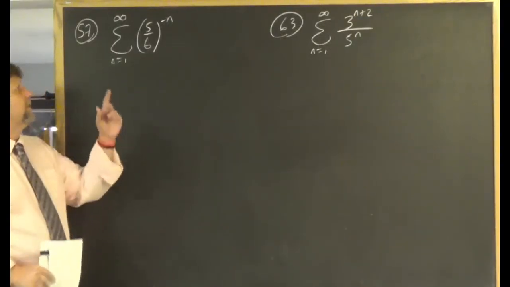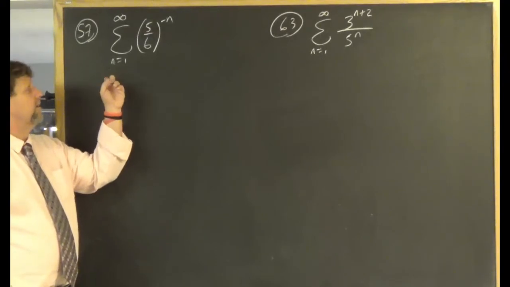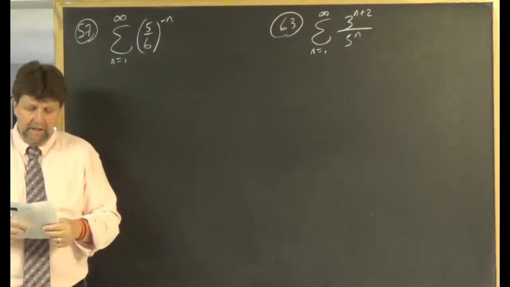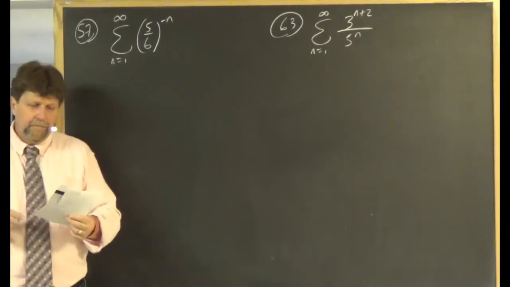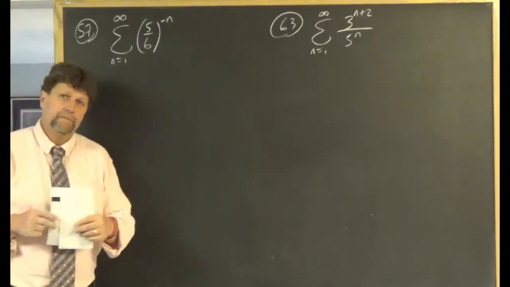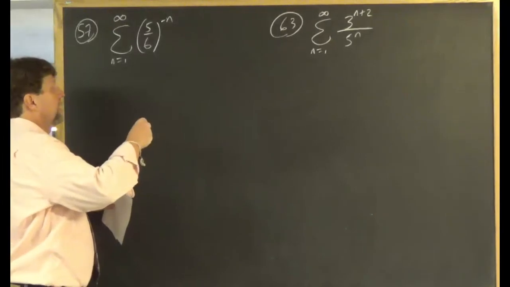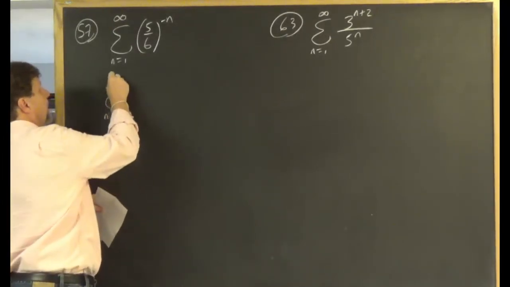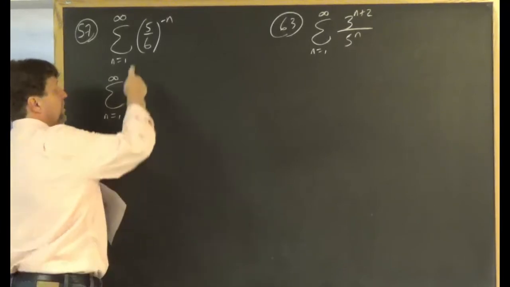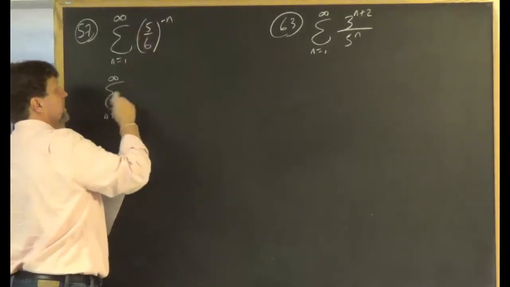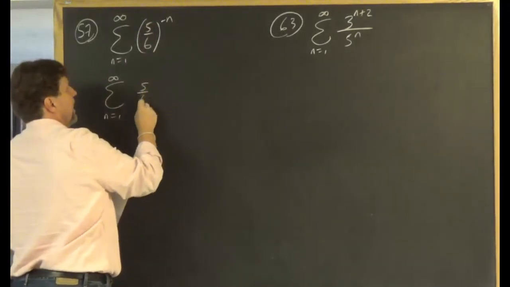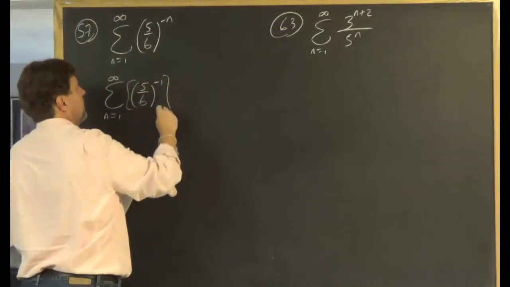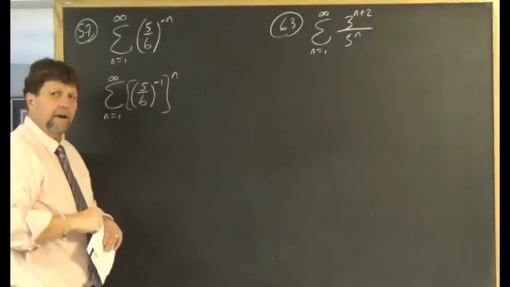All right, number 57, you're asked, is the series of n equals 1 to infinity of 5/6 to the negative n, does that converge? Does it diverge? Well, this is pretty friendly now that we know the power of negative exponents. In fact, 5/6 to the negative n, I can think of that as 5/6 to the negative first raised to the nth power.